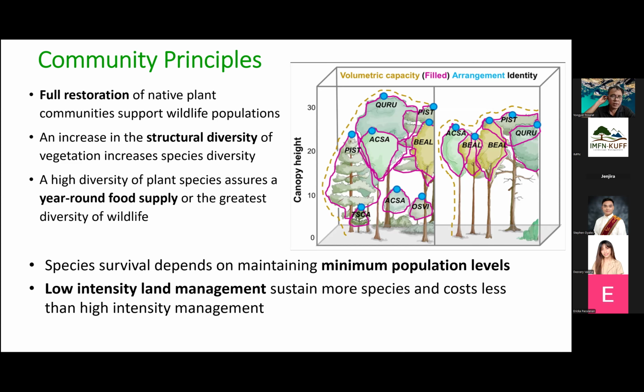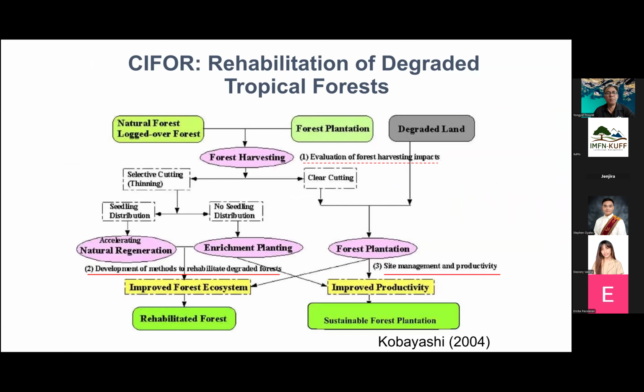For example, in a forest area, selection cutting is much better than clear cutting, and patch harvesting is also better than total area harvesting. So these are the main principles.